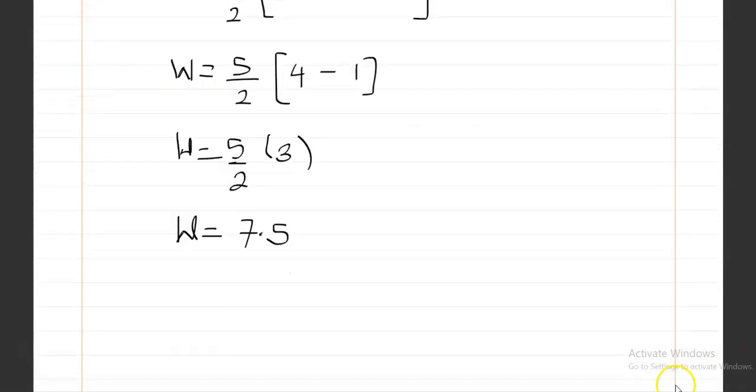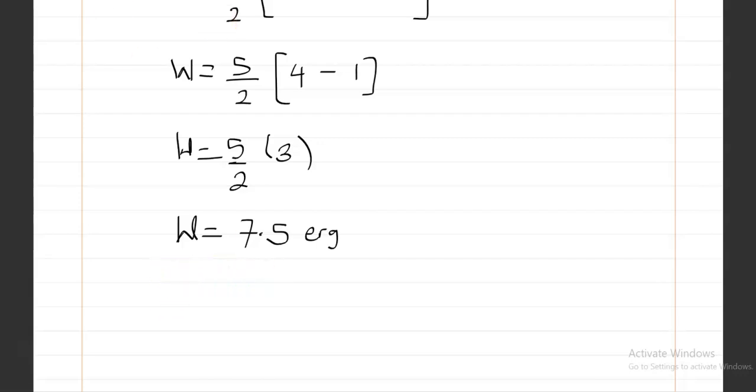So when our force is in dynes and our length is in centimeter, we are good to go. But the work done will no longer be in joules. It will be in erg here, ERG, right? And if you want to convert that to joules, all you need to do is to multiply it by 10 raised to power negative 7.